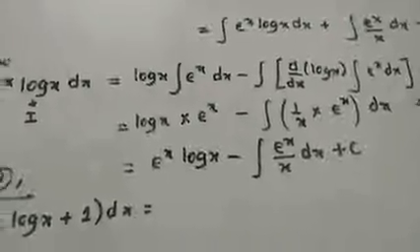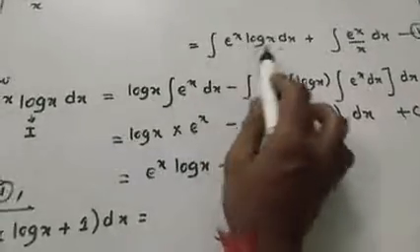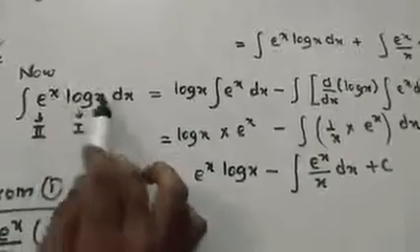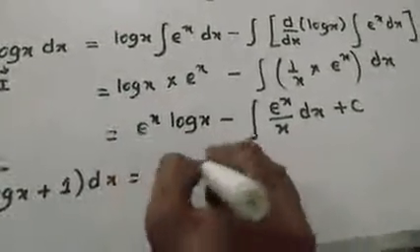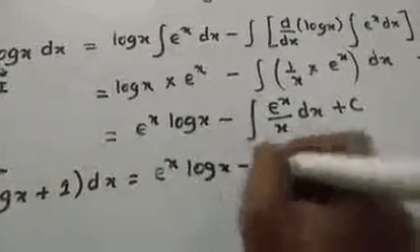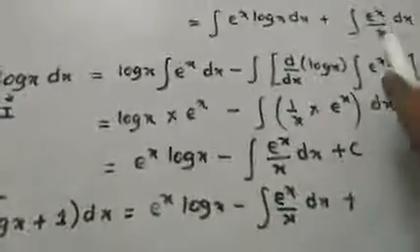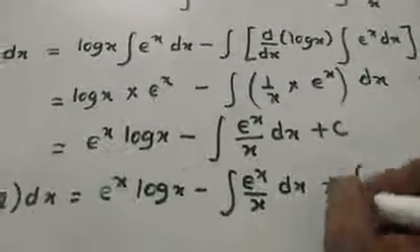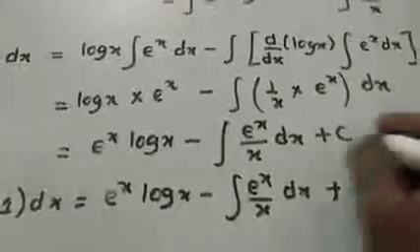So now putting the value in expression number 1, the first term was integration e to the power x log x dx, whose value we have to find. Let's put that: e to the power x log x minus integration e to the power x by x dx, plus the second term, integration e to the power x by x dx, and the last plus c.